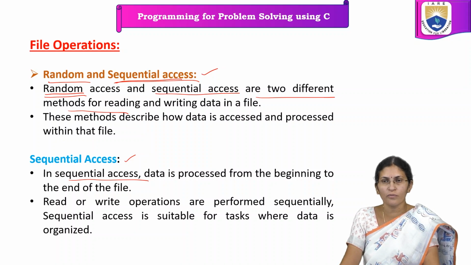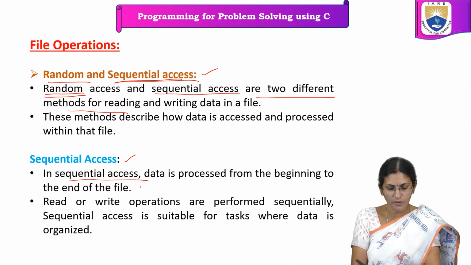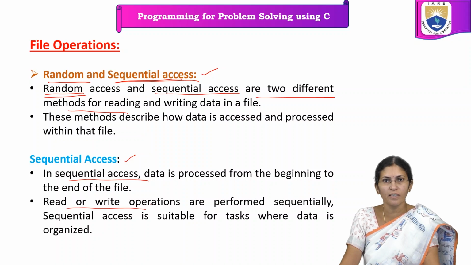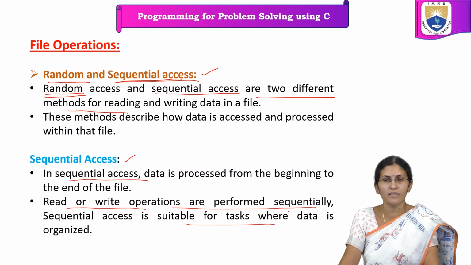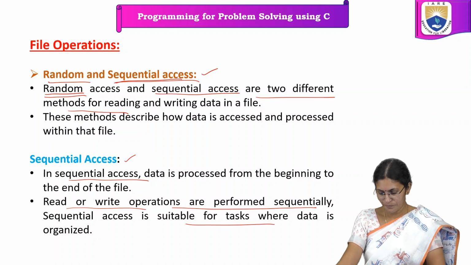This takes lots of time. That is what sequential access means. Here we perform read or write operations in a predefined manner starting from the beginning of the file, so the operations are performed sequentially. Sequential access is suitable for tasks where data is organized.